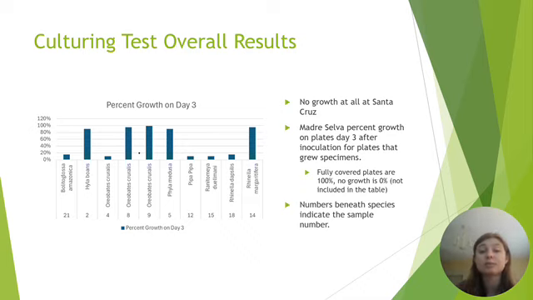For Madre Selva, by day 3, we looked at the percent growth across each agar plate that we had to see how much matter was growing on the plate. Madre Selva had a variety, mostly very small amounts of growth, and some plates that were almost completely covered in growth.